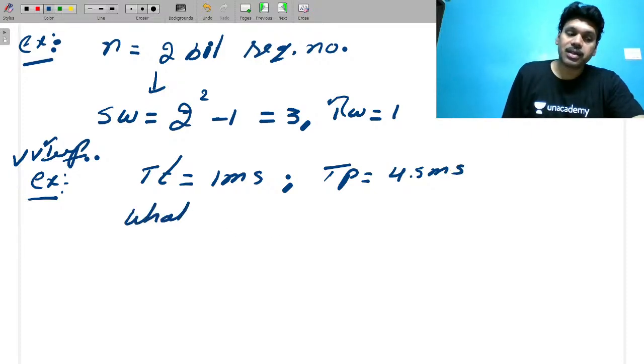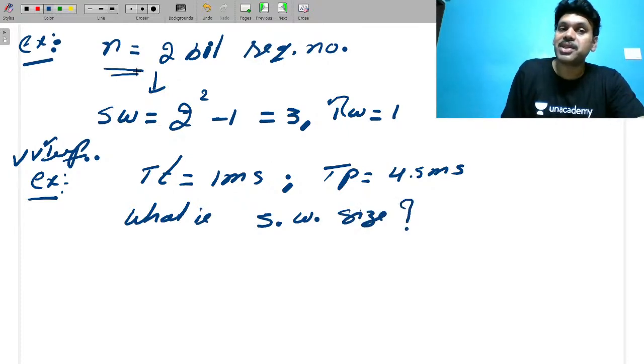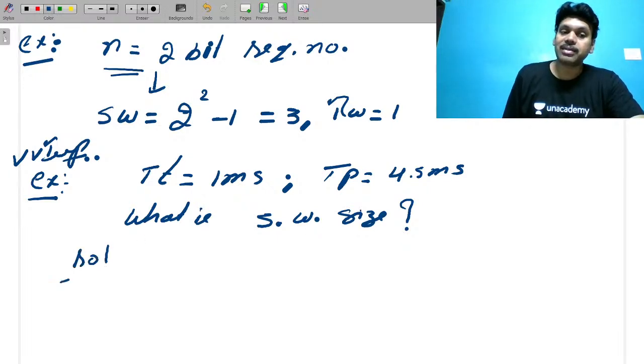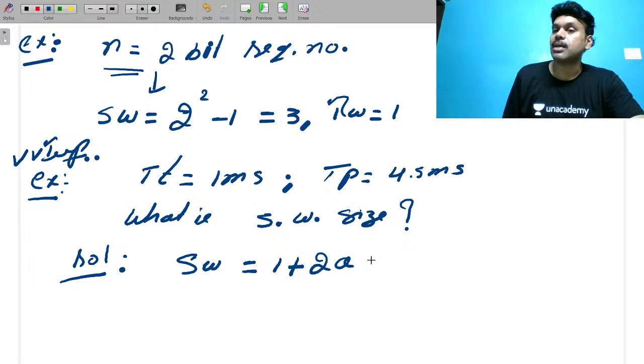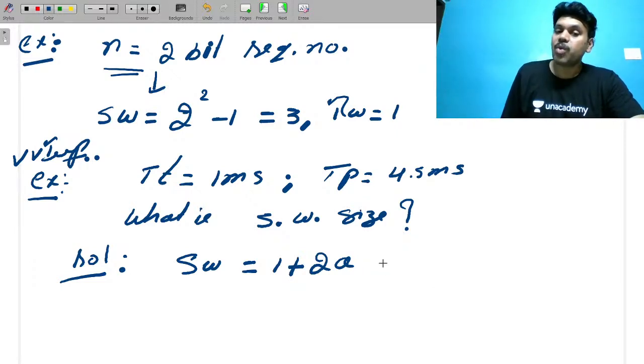He is asking, what is the sender window size? How to calculate? Here he has not given any n-bit sequence number, so how to calculate? I said there is a rule. What is that? Your sender window size is nothing but 1 plus 2a. This is the direct answer you can use in the examination. What is a? Your a is nothing but TP by TT.